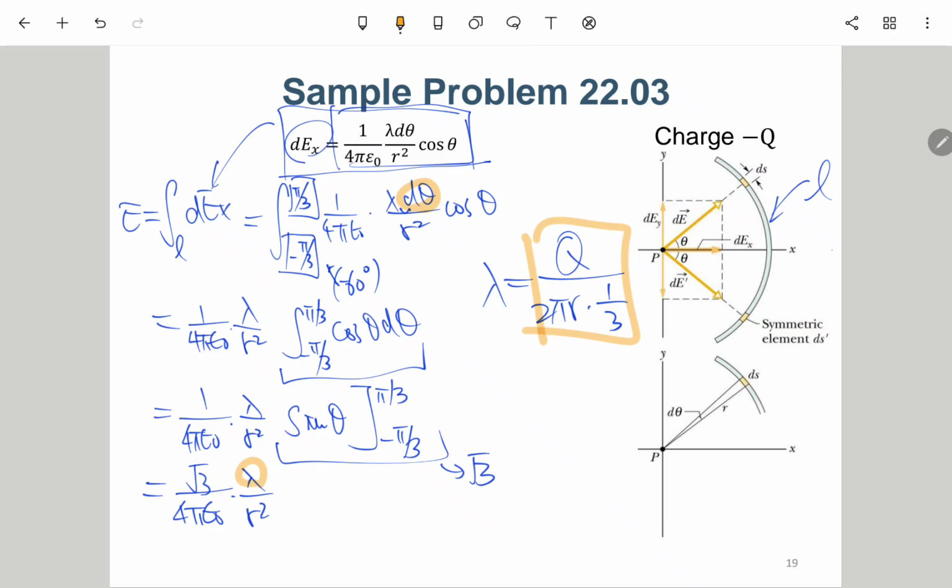So it turns out to be something like 0.83 over 4 pi epsilon naught times capital Q over r squared. The expression will be something like that. This will be the expression of the E field generated at the center point, which is the point P.